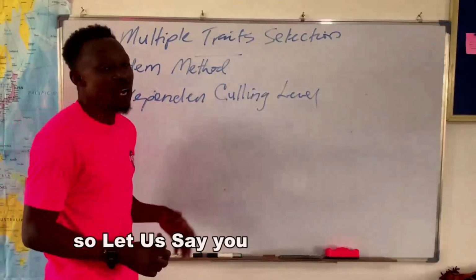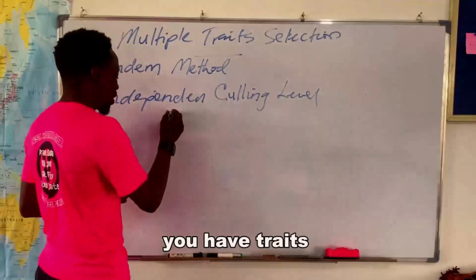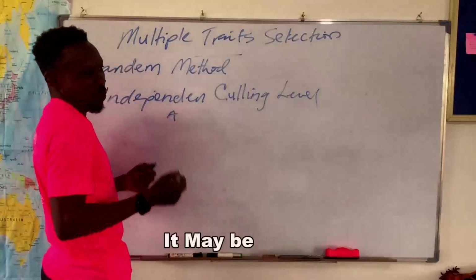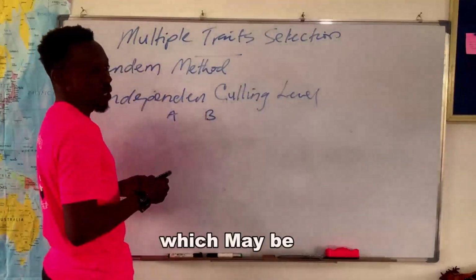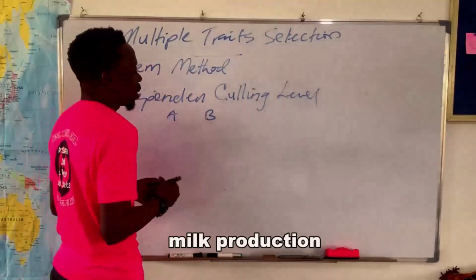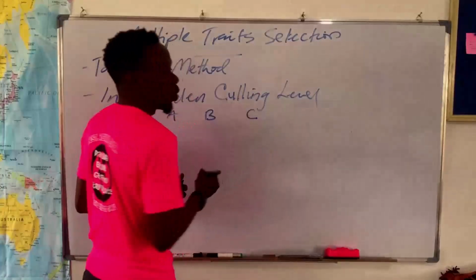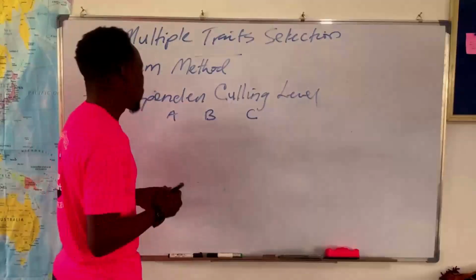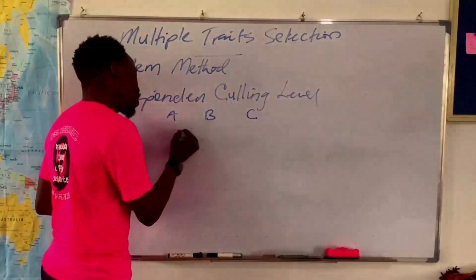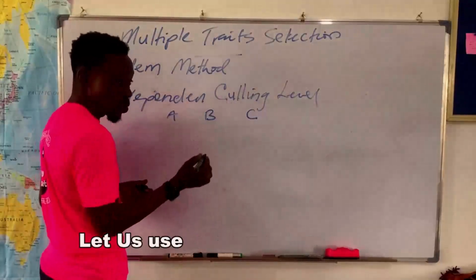So let us say you have 3 traits. You have trait A, it may be weight. You have trait B, which may be milk production. You have trait C, which may be resistance to a particular disease. So you set some marks. Let us use numerical marks.